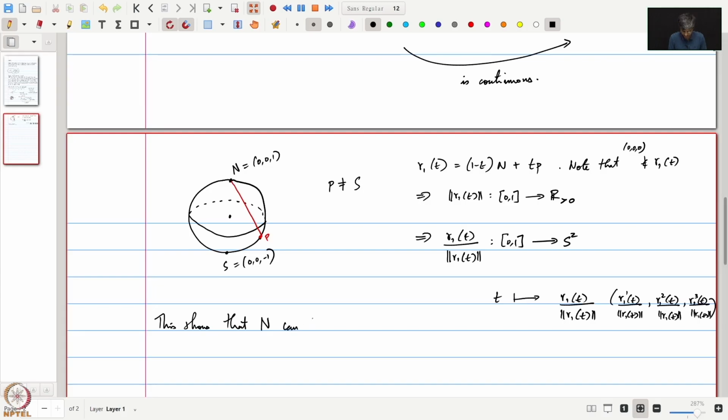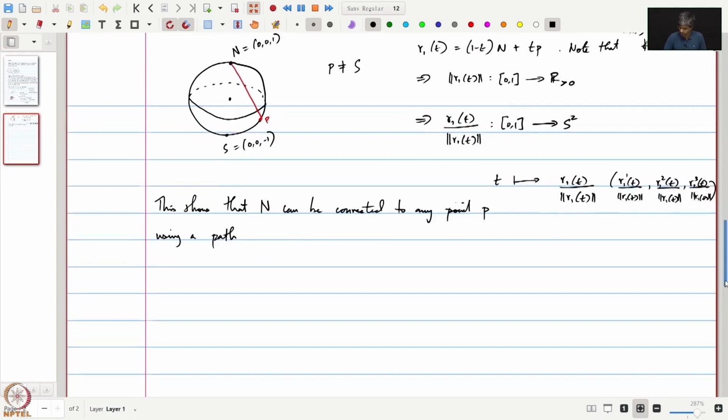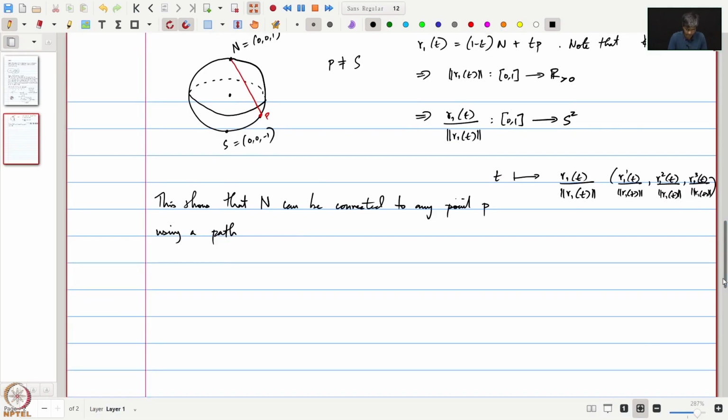So this shows that N can be connected to any point P using a path. Now, we want to connect N to S, the south pole, also. For that, we can just take two paths and join them.